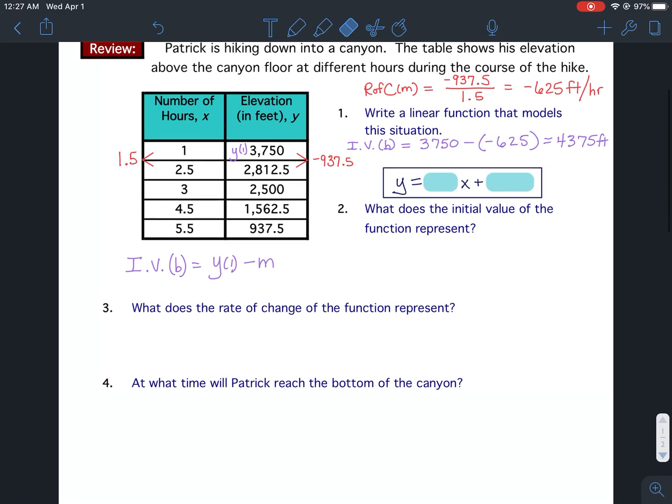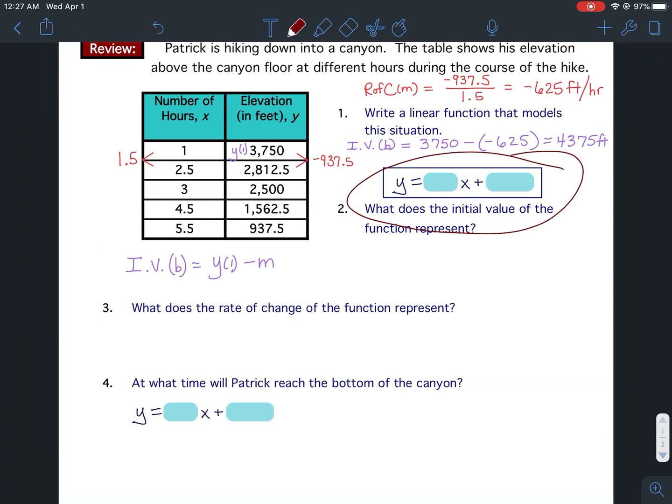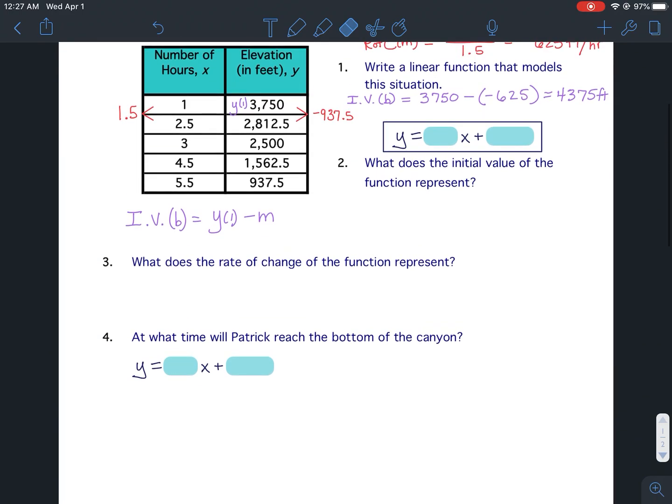For question number 4, at what time will Patrick reach the bottom of the canyon? To figure that out, you're going to have to use the equation that we found up here. So take that equation that I just circled and rewrite it down here. Now, if Patrick reaches the bottom of the canyon, what would his elevation be?